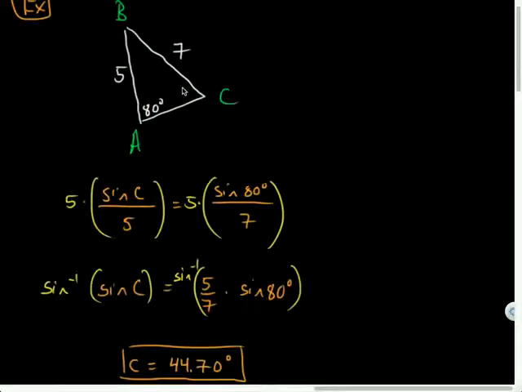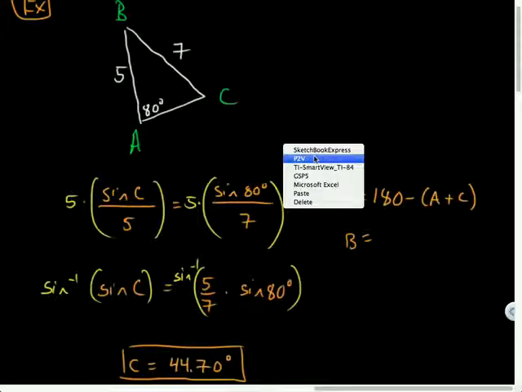And now that I know that, what's the next piece of information I could find? Angle B. And angle B is just going to equal 180 minus A plus C using triangle sum theorem. So that's going to be 180 minus the sum of 80 plus my second answer on my calculator.